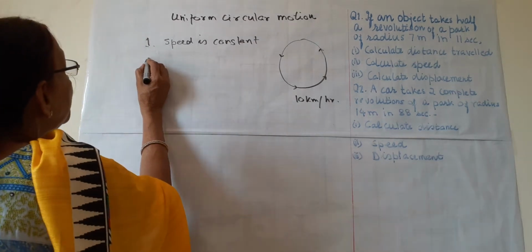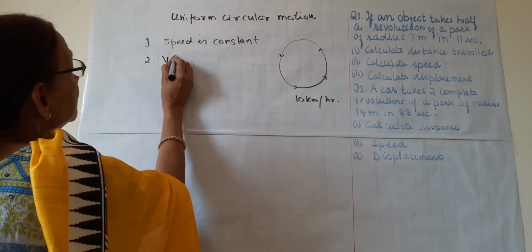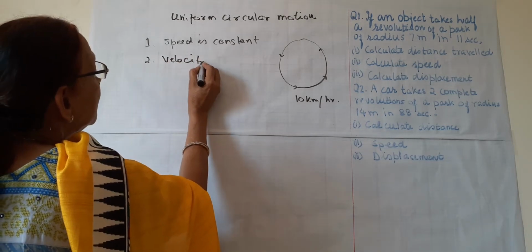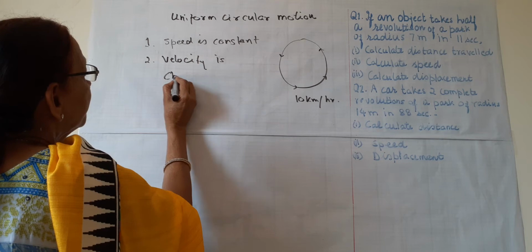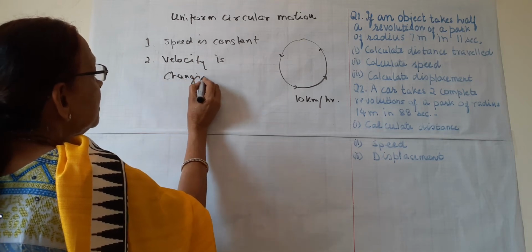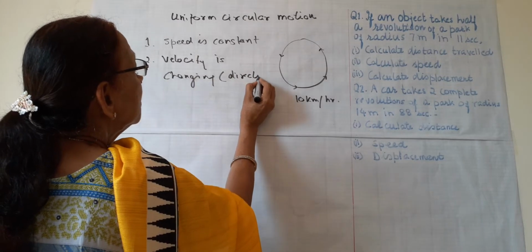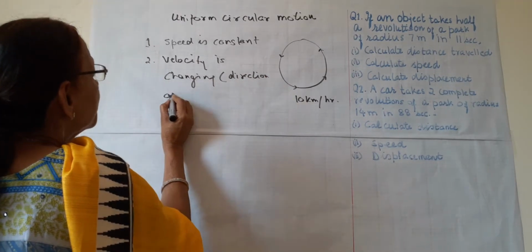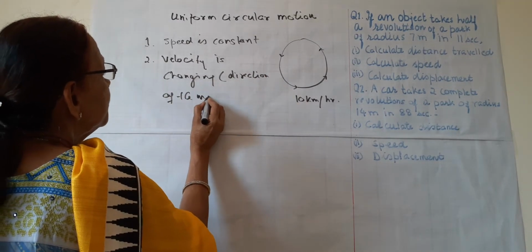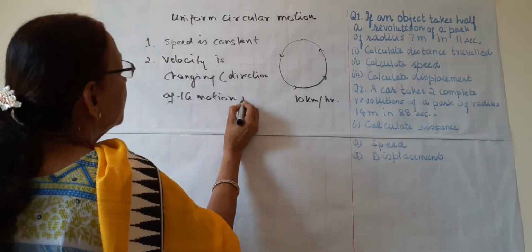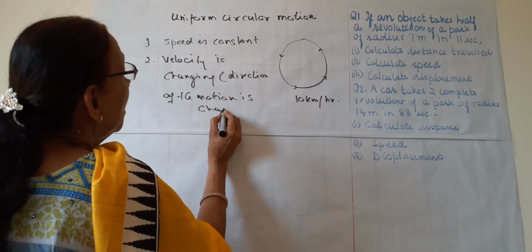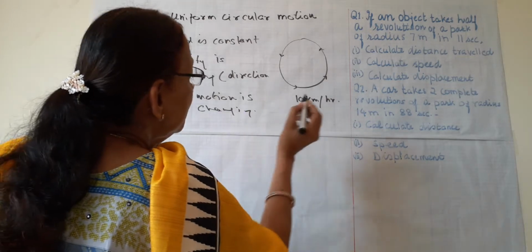Why is it not uniform motion? As velocity is changing. How is velocity changing? As the direction of the motion is changing.